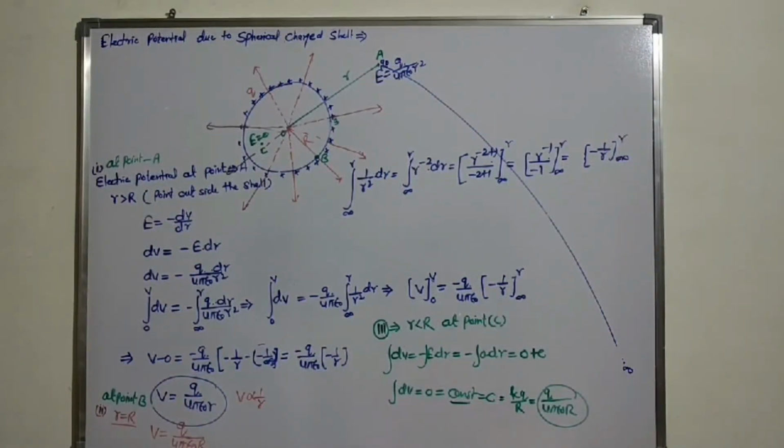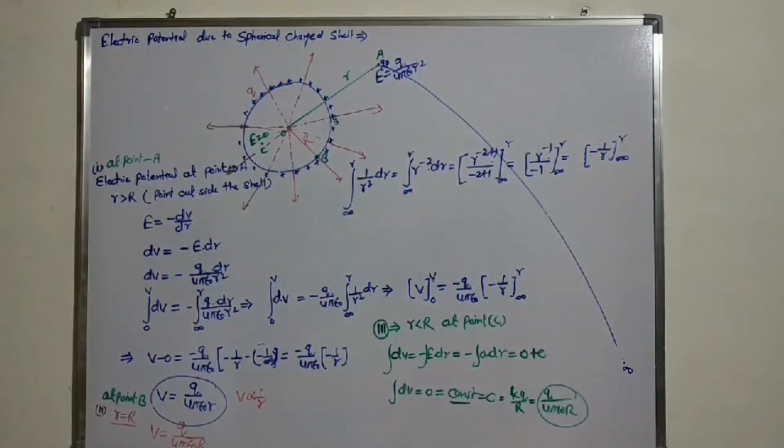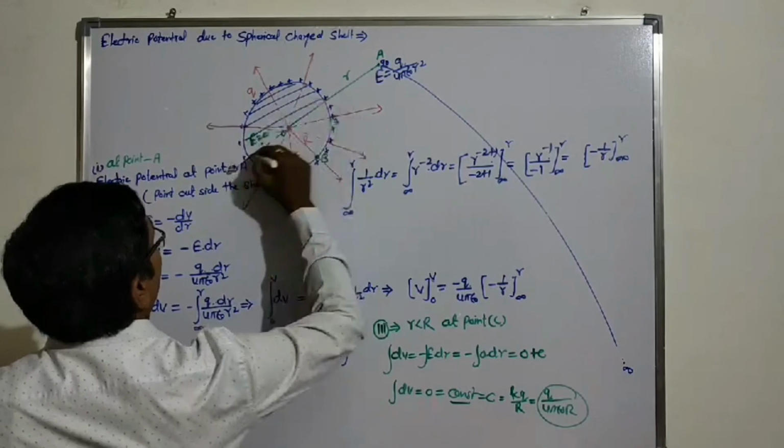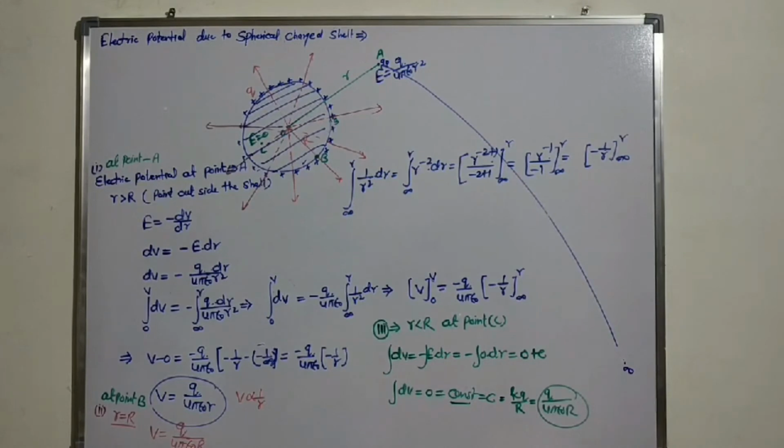Potential is constant throughout the inside of a spherical shell, and its value is equal to the electric potential at the surface of the spherical shell, which is q upon 4 pi epsilon naught R. So inside the shell, the potential equals the potential at the surface. That's why we can say the inside of the shell forms an equipotential surface.